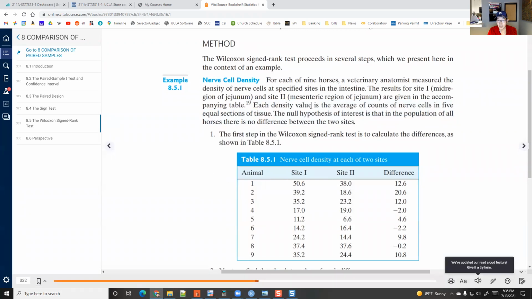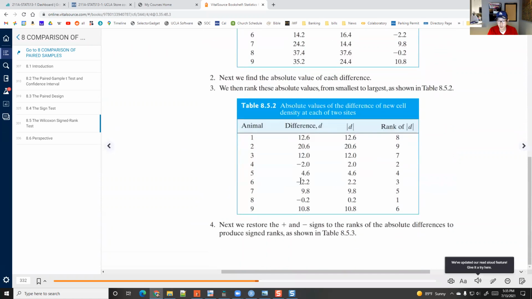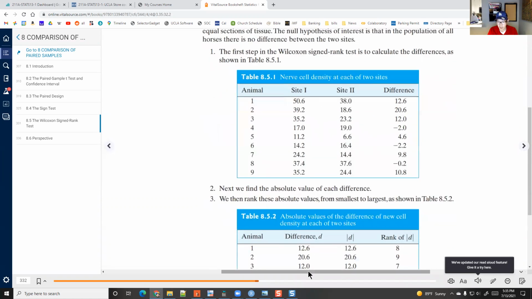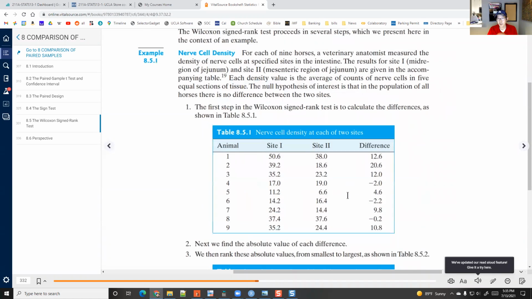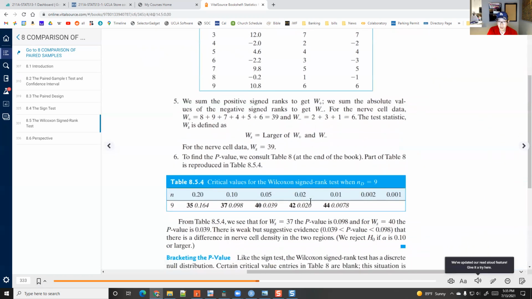They don't say anything about are we expecting a greater difference at site 1, like site 1 to be larger than site 2. So it all depends on how this question is phrased. As I'm reading this, it says the results for site 1 are here and site 2. So prior to doing this nerve cell density check, I don't know if they had hypothesized whether we would have a positive or a negative difference, right?